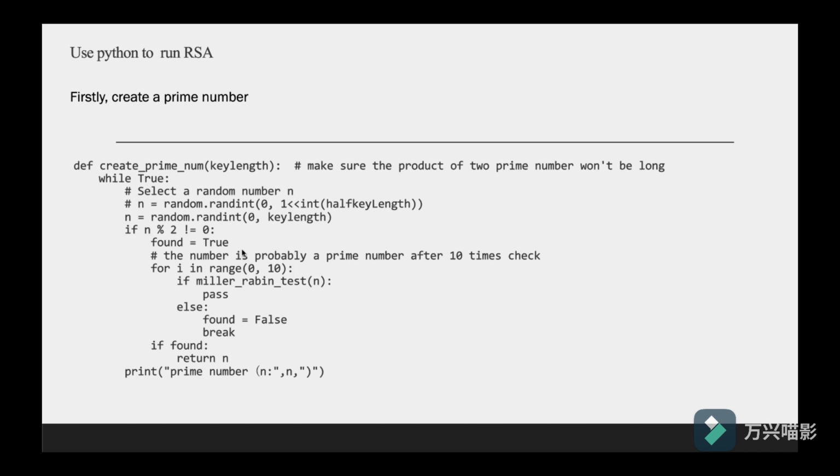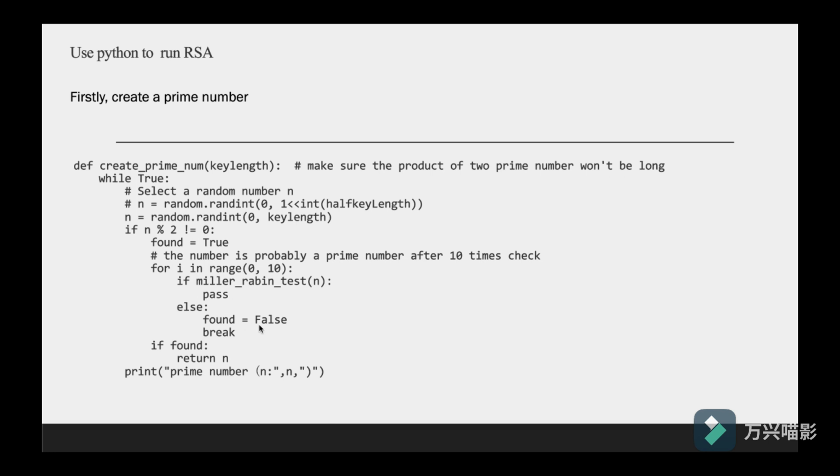So we will pass in the prime number candidate that we generated here. We test it like 10 times. It will improve our accuracy to make sure that it is a prime number. It will pass and go for another round of tests until the 10 rounds are passed.